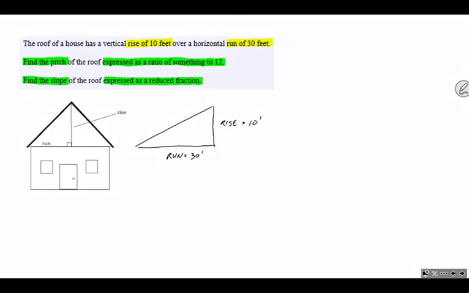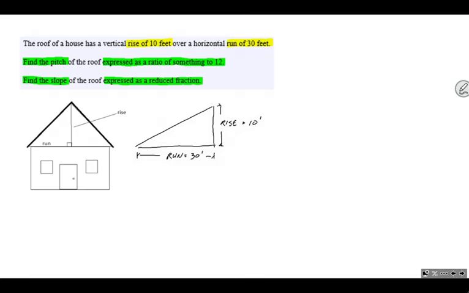And run is a measure of, from the outside of the building to a spot right under the center of the ridge beam. And then the rise is a measure of the vertical height of the roof from the top plate of a wall up to the ridge beam itself. So we've got rise and run.